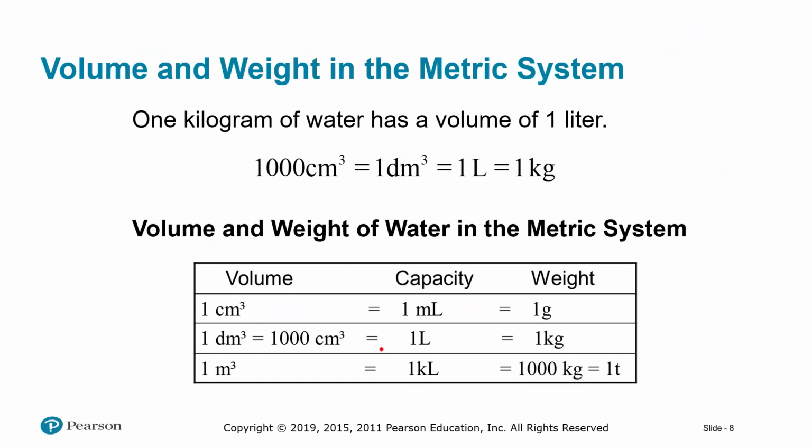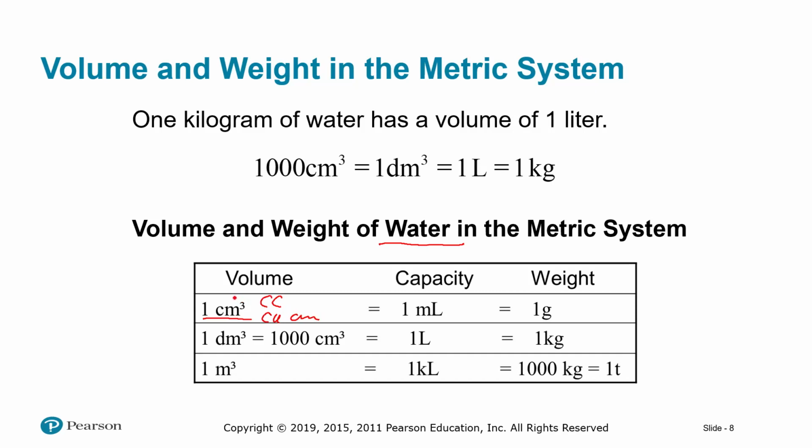Okay, here's some more. Now this puts volume and weight together. And notice we're talking about water, as I mentioned earlier. 1 cubic centimeter, and sometimes you'll hear this referred to as cc's or cu/cm for cubic centimeters.